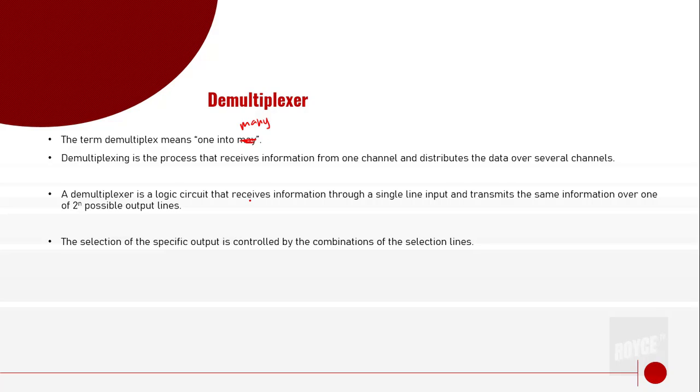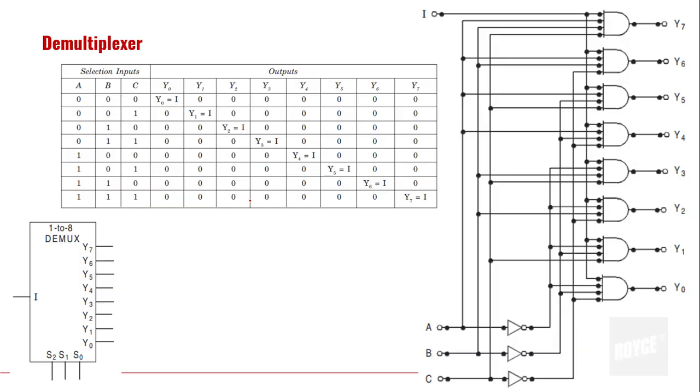Okay, so this is how our demultiplexer looks like. We have one information and we have several output channels. How are we gonna choose kung saan siya lalabas? We have these select lines. Yung select lines yung magdedetermine. If the select lines is 0, 0, 0, and then dito siya mag-output.